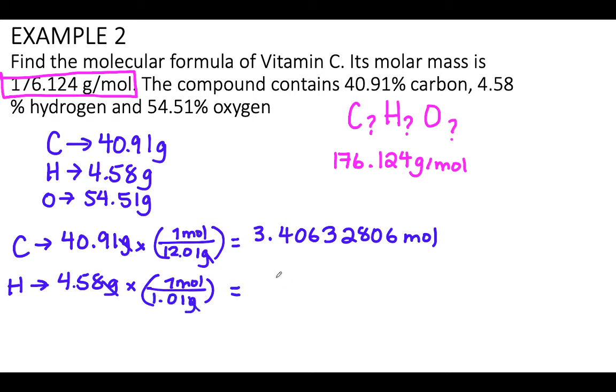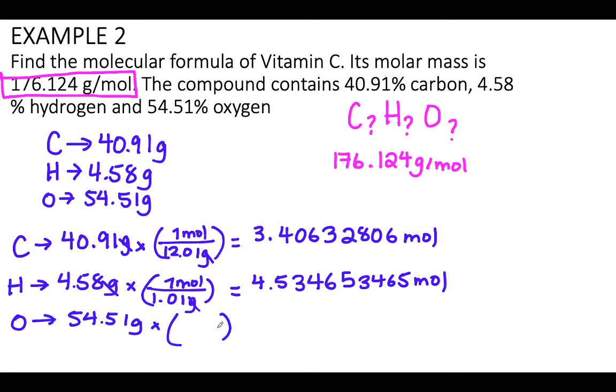If I do this, I know that there are 4.53465 moles of hydrogen, and then I've got 54.51 grams of oxygen times this relationship, which is 16 grams for every 1 mole. My units cancel out, and I get 3.406875 moles.